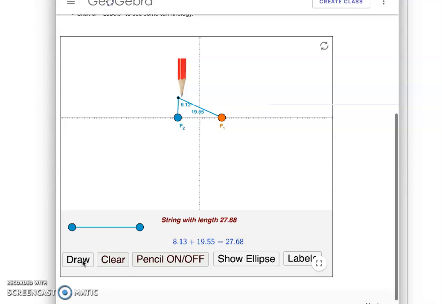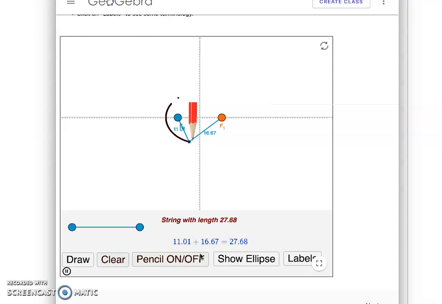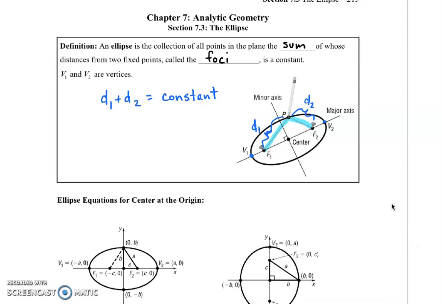If I hit draw, it will show you how this works. No matter what happens, when I add those two distances together, it doesn't change. It stays at that constant 27.68, which is the total length of the string I had. Okay, so hopefully that makes a little sense.